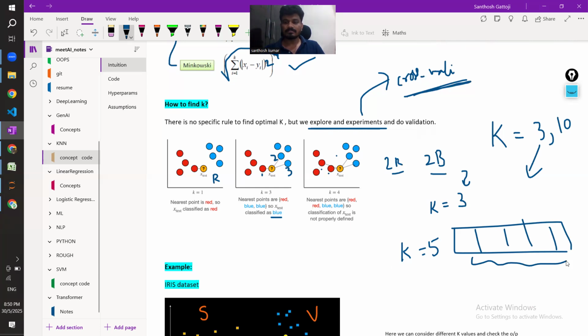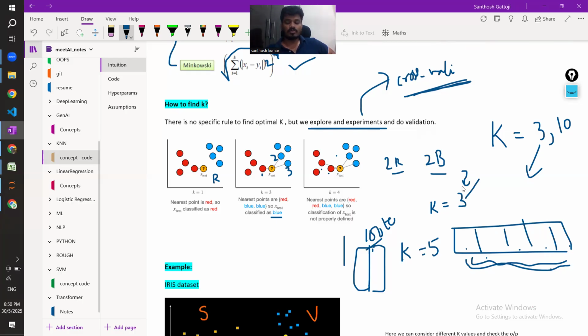Let's say you have 100 test data points. Each test data point is passed to all 5 models, you get predictions, and you take the majority. You do this for all 100 test points, compare with the actual values, and find the accuracy. That is the accuracy for K equal to 3.